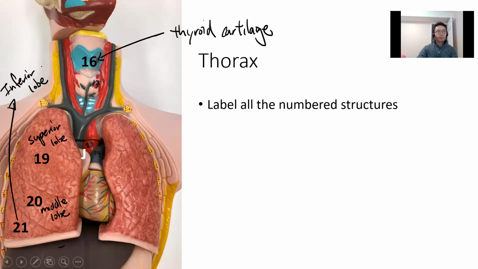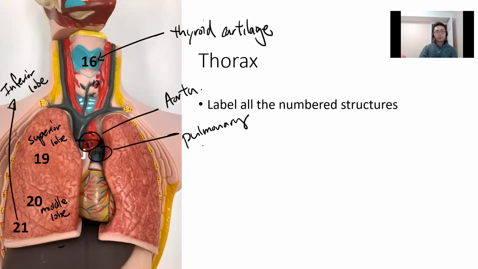This here, that's the aorta. And that here is the pulmonary artery. Oh, and there is another one here. That is the thyroid gland.